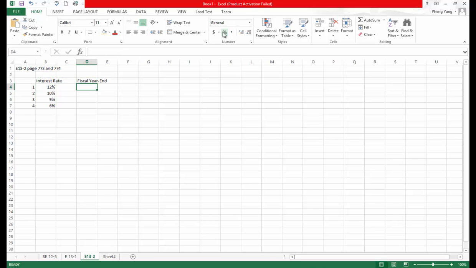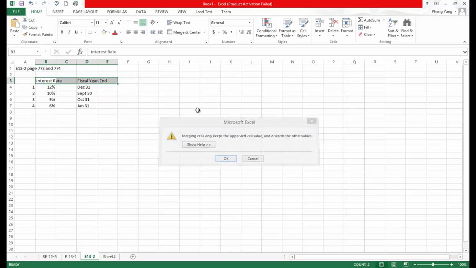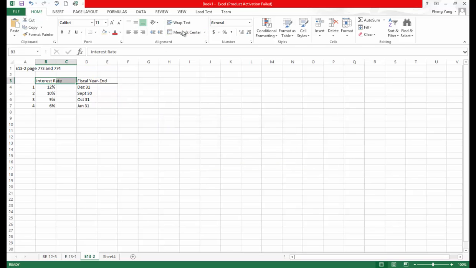And then our fiscal year end for the first one is December 31st. The second is September 30th. October 31st for the third, and then January 31st for the fourth one. Alright, so these are our scenarios here.